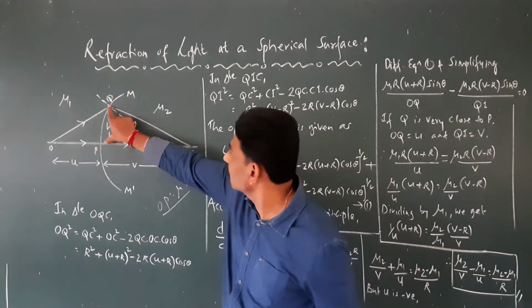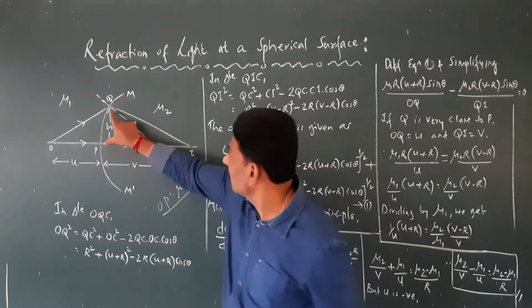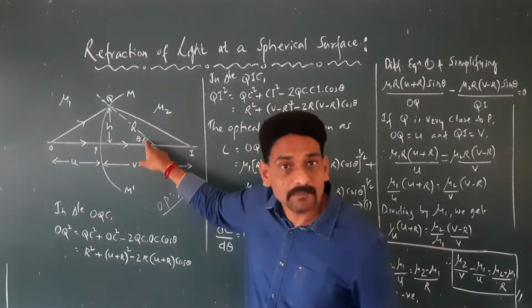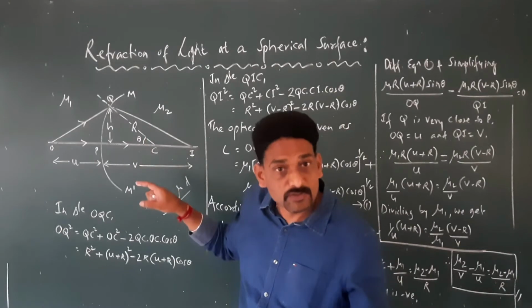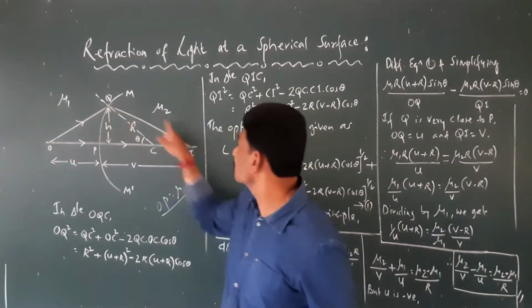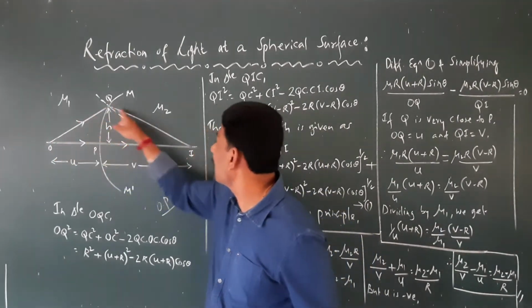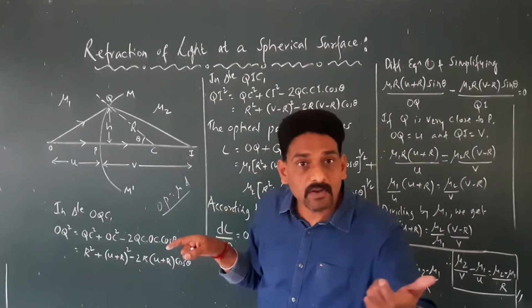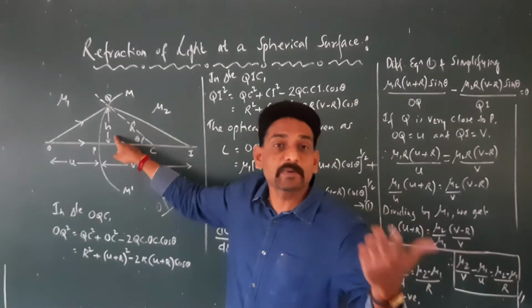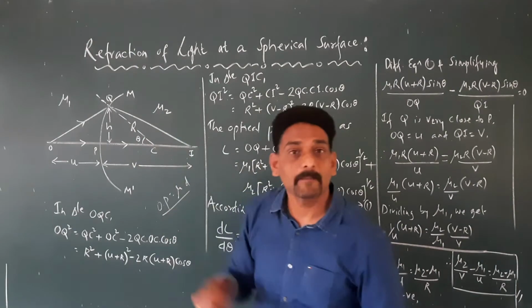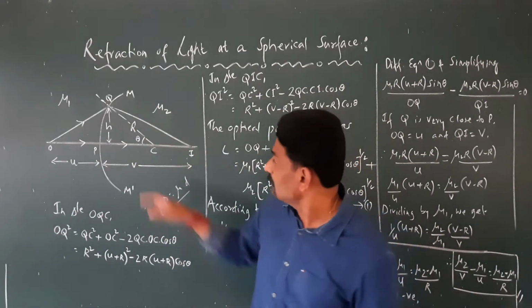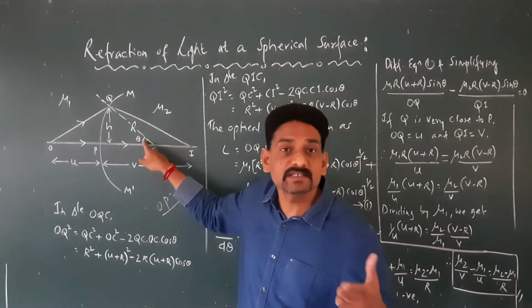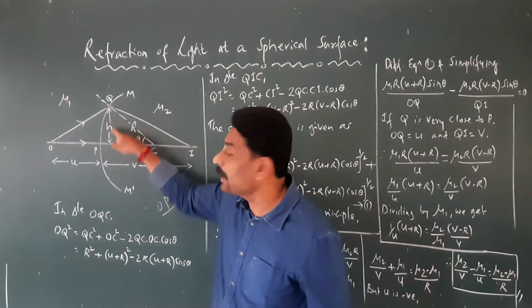Why? More the height, more the angle theta. Lesser the height, lesser the angle theta. Therefore, we say this distance OQ plus QI, or the optical path, depends upon h, that literally depends upon the angle theta. So this theta can change depending upon the height h.